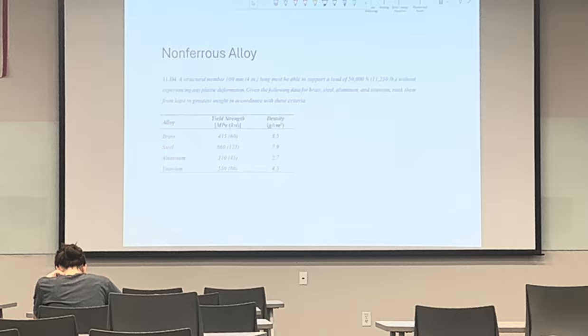Rearranges from least to greatest weight for a structural member to support the 50,000 newtons without experiencing plastic deformation.